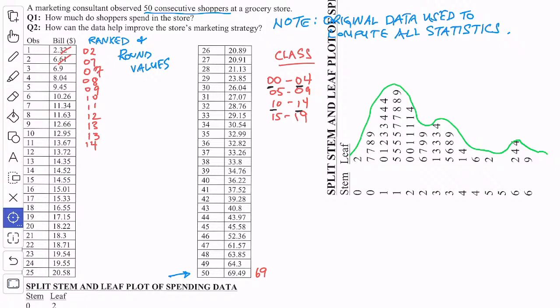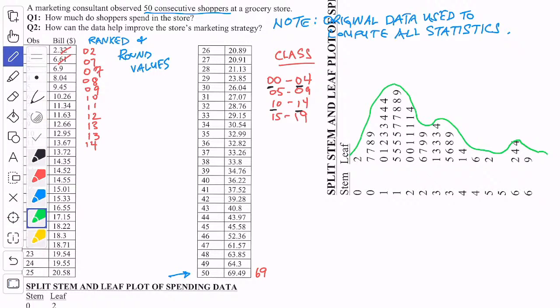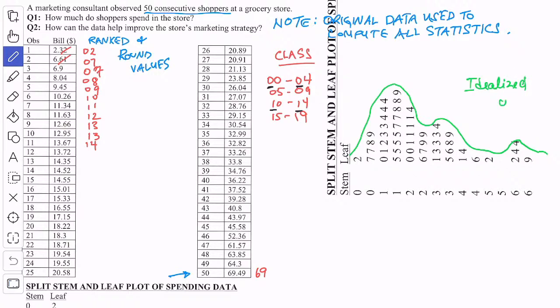That's what this green smoothed out, idealized curve, also known as a density curve, reflects. So it's saying if I had all the data, I believe it would look like this.